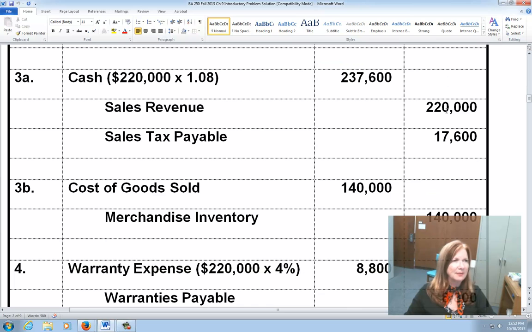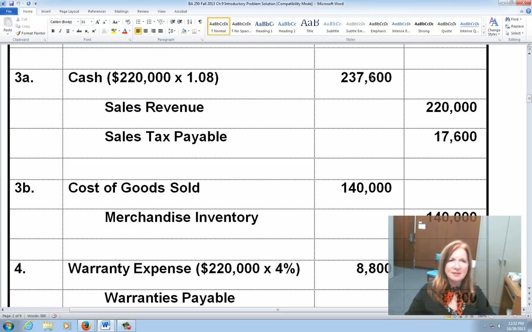$160,000. Now, on entry 3, sold merchandise for $220,000 cash, not including sales tax, which is 8%. So now what I'm going to have to do is debit cash for 220 times 1.08. The 1 is for the 220 and the 08 is for the sales tax.